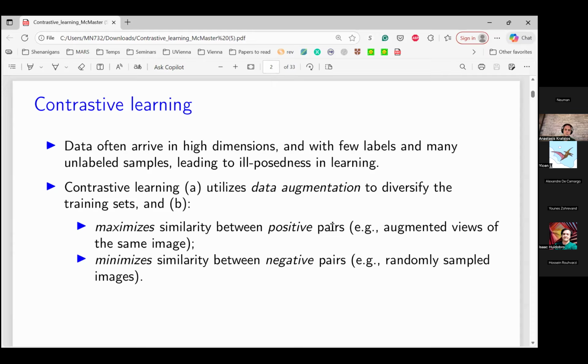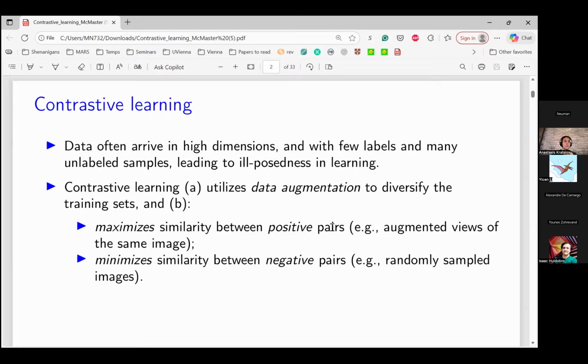Now, for pairs of images that seem to be randomly sampled and not really connected to each other at all, you call them negative pairs. For those pairs, you still connect them, but you give them a very low edge weight. In other words, you minimize the similarity between them. So you basically keep track of how likely they are to be related to each other, and the way you keep track is by quantifying it in the edge weight between them.